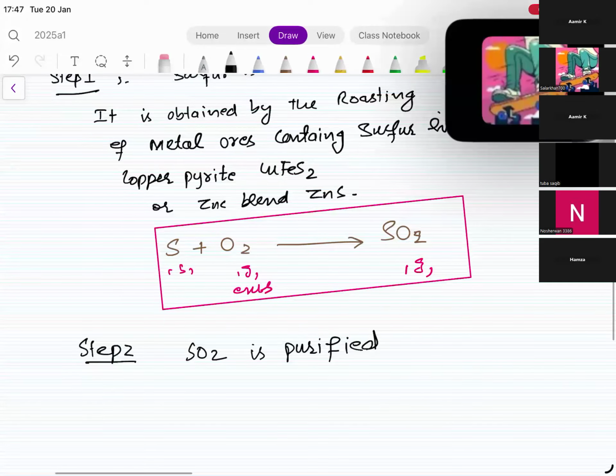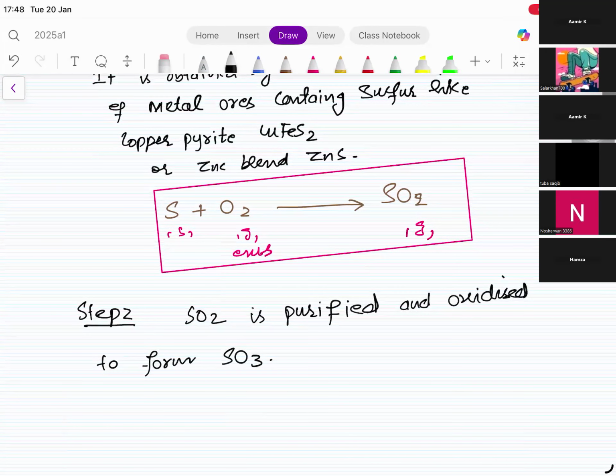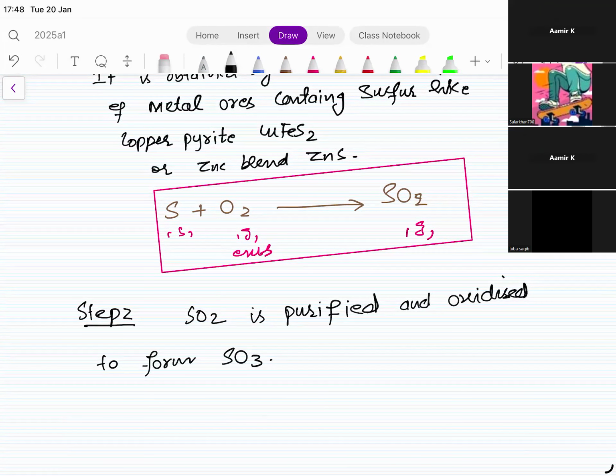Okay, so in the second step, sulfur dioxide is purified and oxidized again to form SO3. And this is the main step. In this step, look at this.